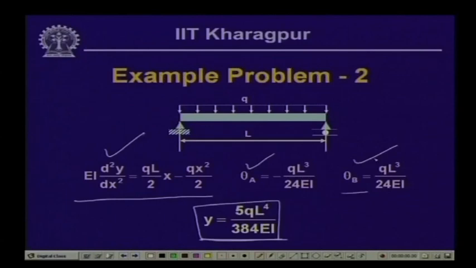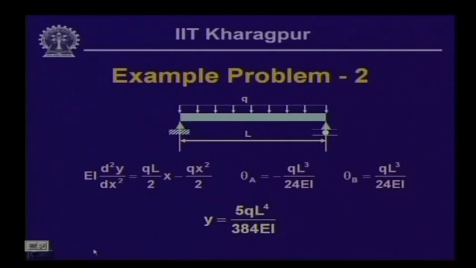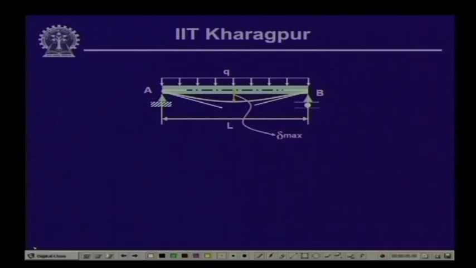Now, you had also seen that the derived governing equation is EI d4y/dx4 equals minus q, the loading. We can start from this particular point as well, and arrive at the values of y, theta a and theta b. So, let us start from this expression of the differential equation and see what we get.